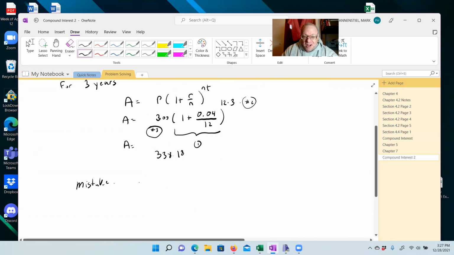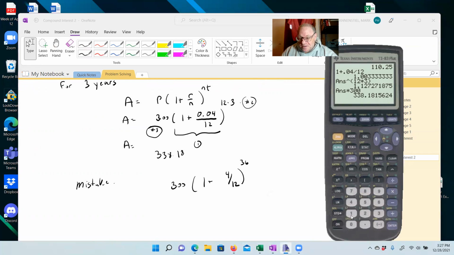But often this is the mistake people make: they say 300 and they say 1 plus 4 over 12 raised to the 36th power. 12 times 3 is 36. So if I look at this, 1 plus 4 over 12, we still got 1 point something. But look at this number compared to the first number we got.